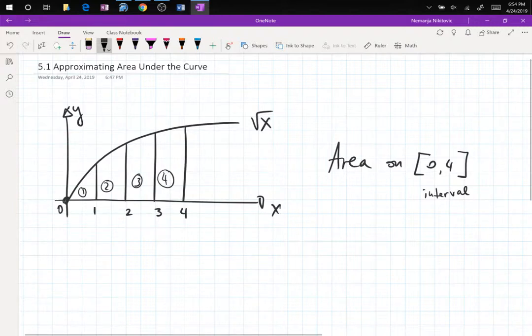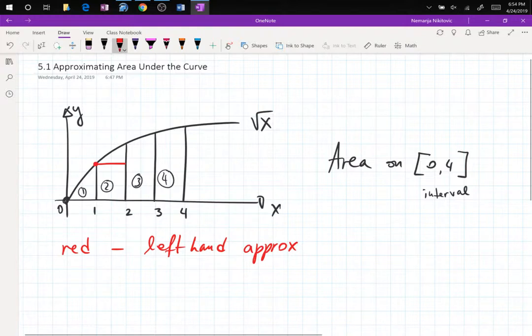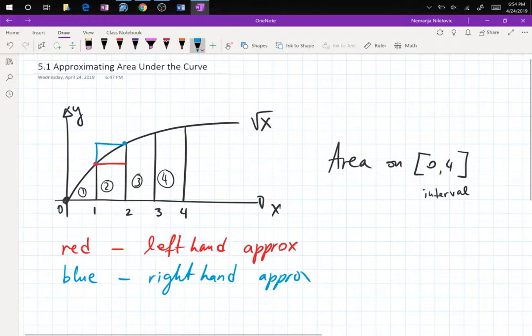To make a rectangle, let's say in the second one, I have two options. Option 1, to use red, which is left hand approximation, or to use blue, right hand approximation.